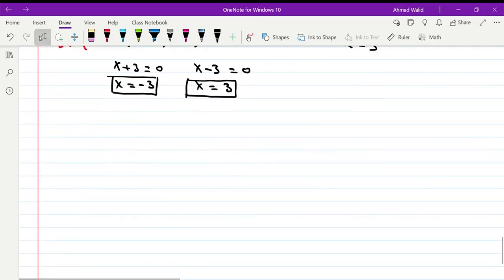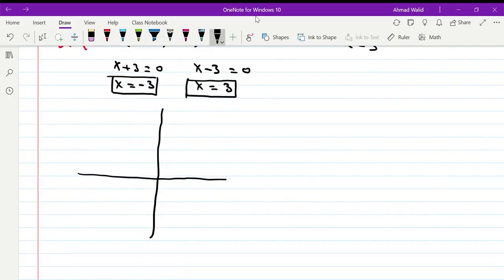And if I want to show it on the graph for you, immediately after you find the vertical asymptotes, those are actually the numbers that change the denominator to 0. 1, 2, 3. At 3, I will draw a vertical line. And also at negative 3, 1, 2, 3, I will draw another vertical line.